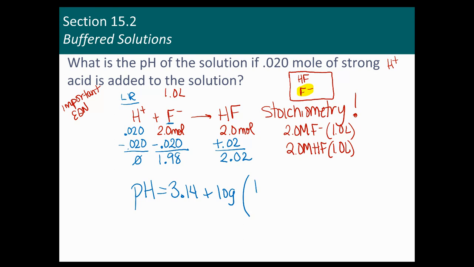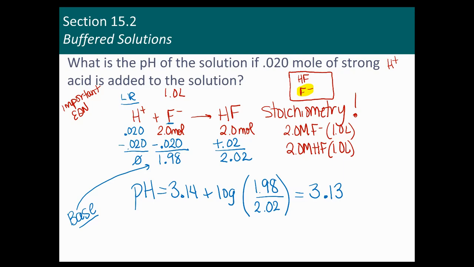So that 1.98 goes on the top, right? That's our base. And the 2.02 goes on the bottom. So let's see what we get. Going to barely change. 3.13. So our buffer did a good job.